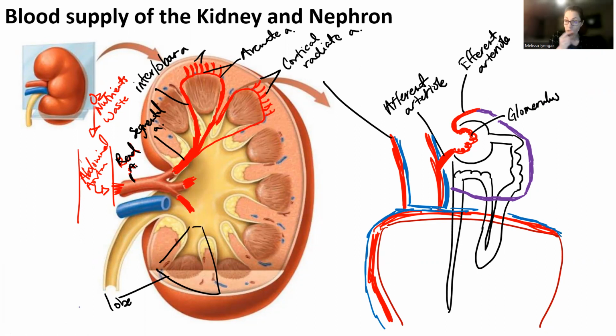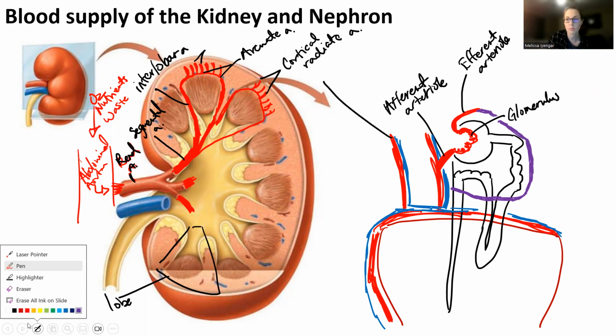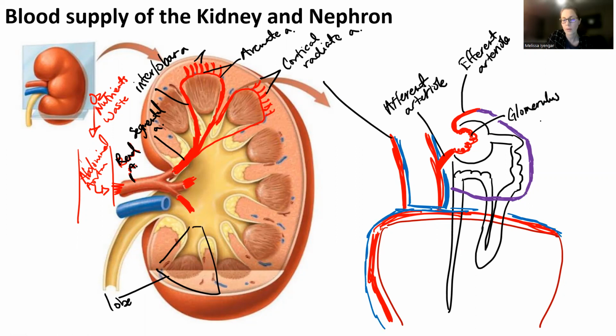Now, if this is a juxtamedullary nephron with a really long nephron loop, this is where our peritubular capillary is going to become the vasa recta. So on the other picture, I'm going to draw the difference between those two things. I'm just going to finish labeling this picture here. So this is my peritubular capillary.